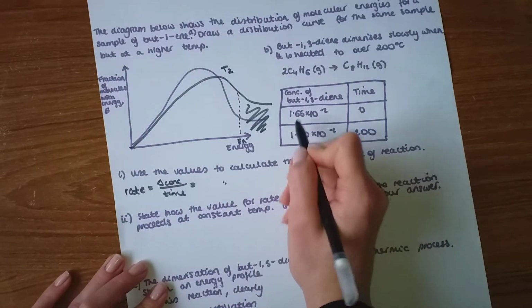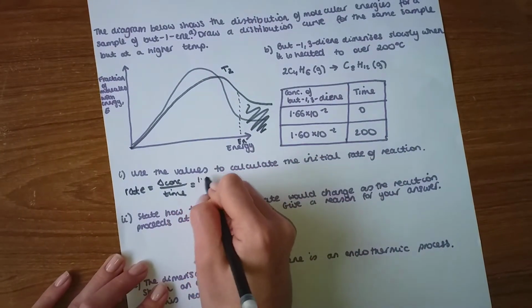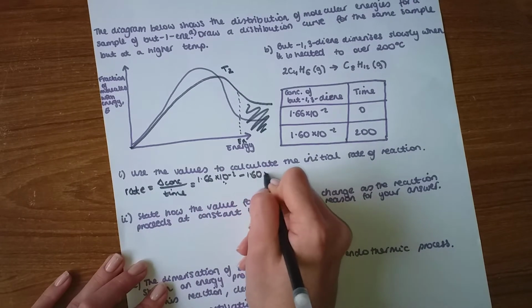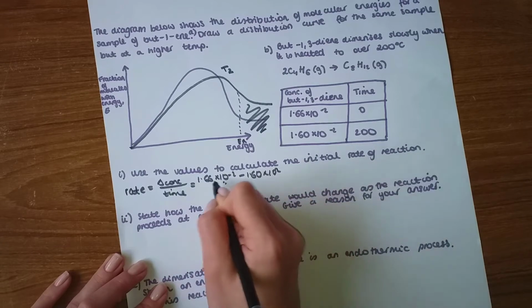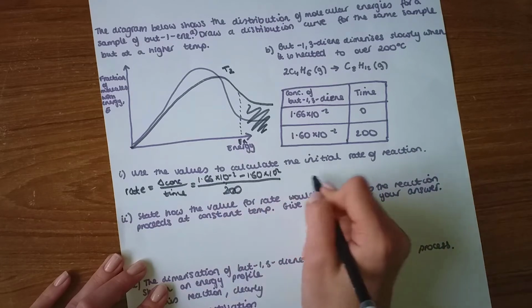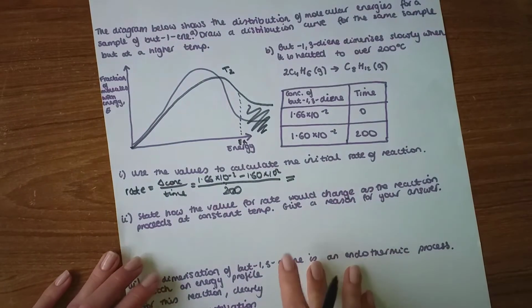So these are two concentrations, we just need the change in them. So 1 minus 2 minus 1.60 times 10 to the minus 2. This way we're going to find the change over the time, which is 200 seconds, I guess.